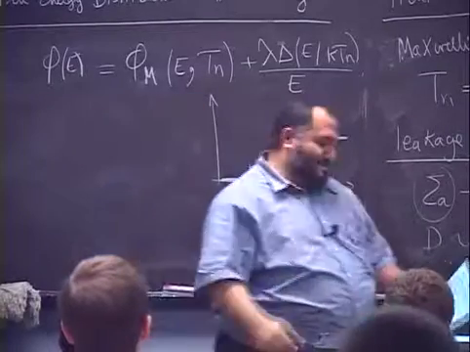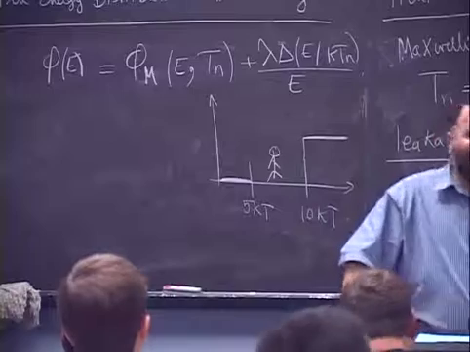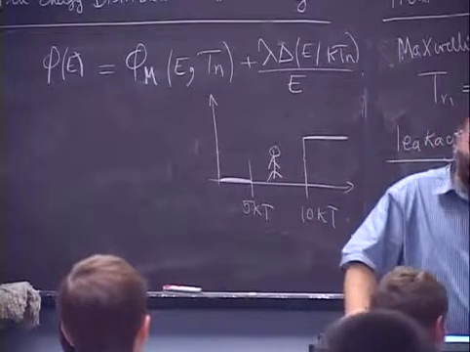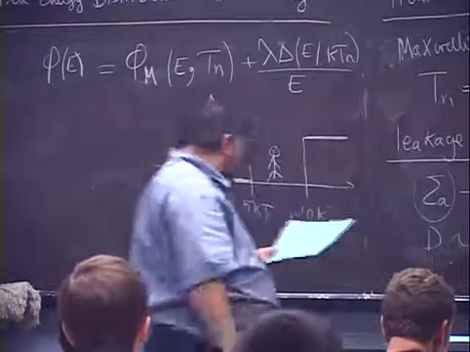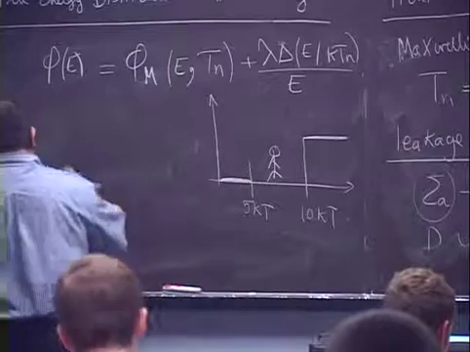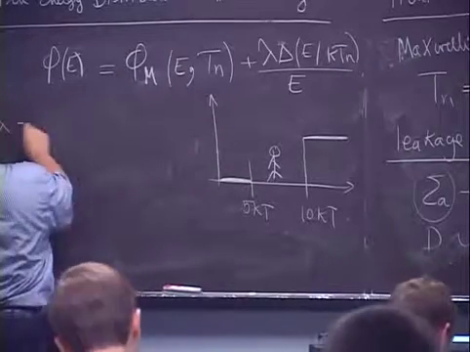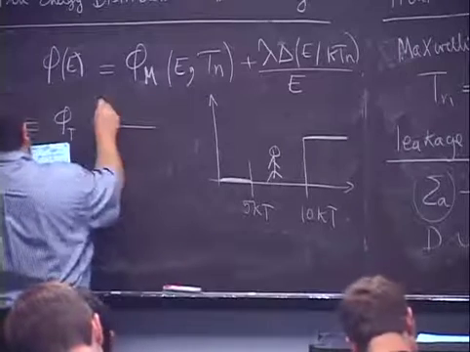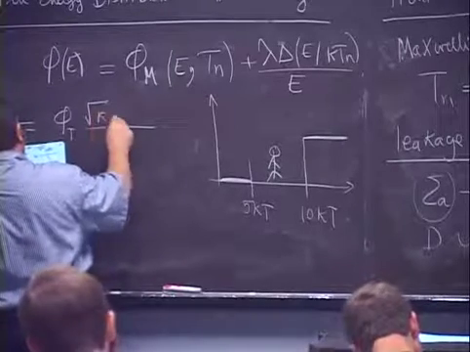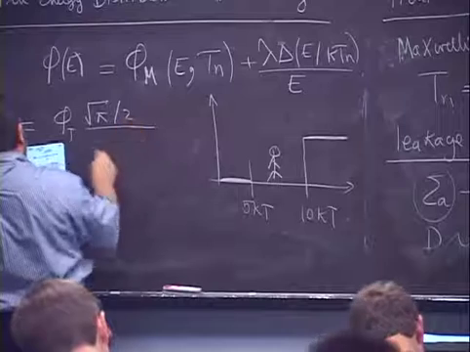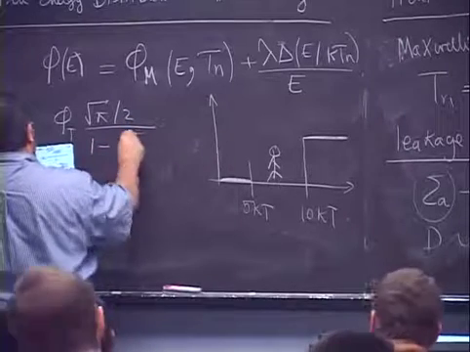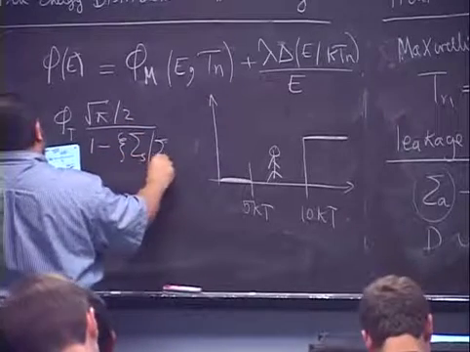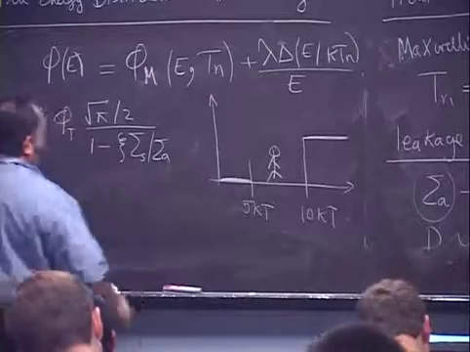I don't know what's in between. Okay, guys? So what's lambda? Lambda is just phi thermal that I just defined for you, and this is pi over 2 times 1 minus ξ sigma scattering over sigma absorption. And this is called the normalization factor.